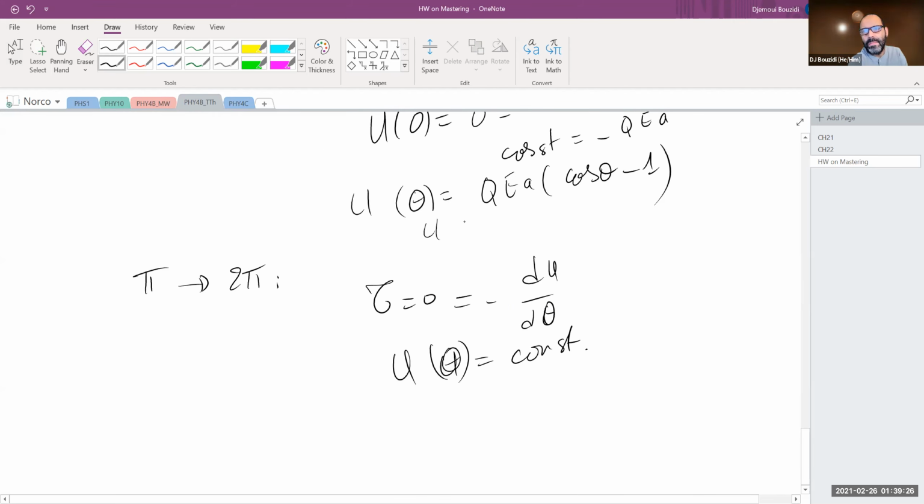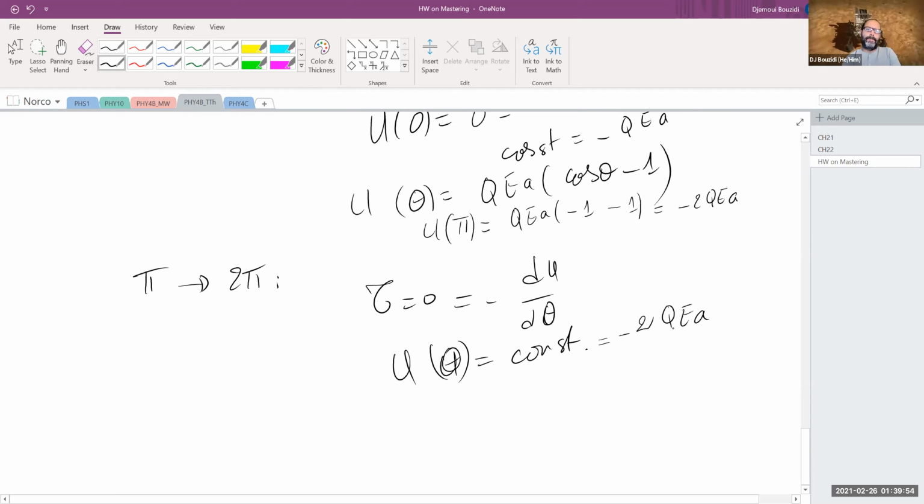U of pi is equal to QEA times minus 1, because cosine of pi is minus 1. So this is equal to minus 2QEA. Correct? So this must be that value too. This is constant throughout. Minus 2QEA.